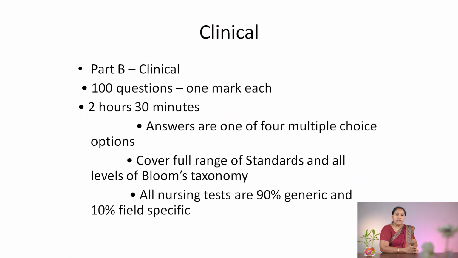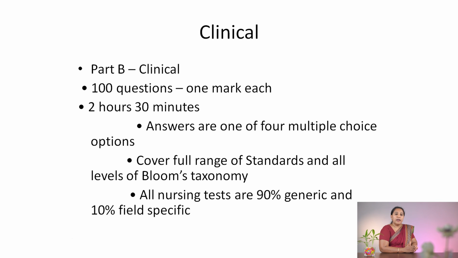Now coming to part B, which is the clinical part. In adult nursing, you can expect questions specifically related to adult care, and here you will have 100 questions and 2.5 hours to answer them.